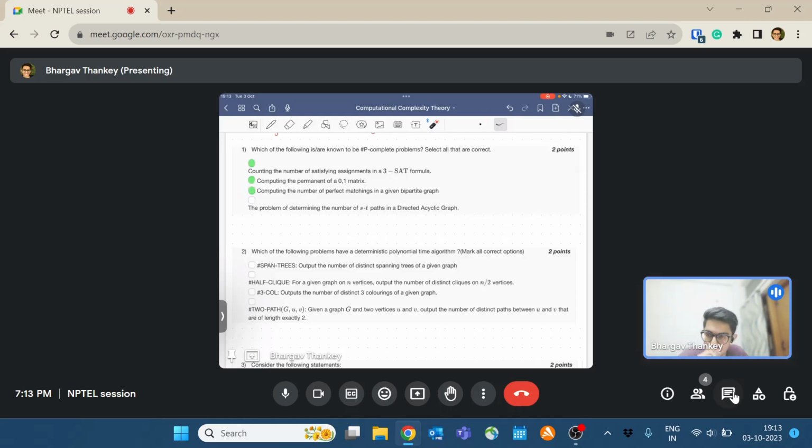For computing the permanent of a 0,1 matrix, this we saw in class. And similarly, for computing the number of perfect matchings in a bipartite graph, I think you should also have seen this in class. So the options are A, B, and C. And we don't know if D is Sharp-P complete, so it's just A, B, and C.